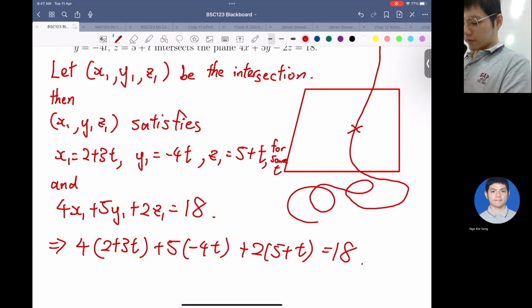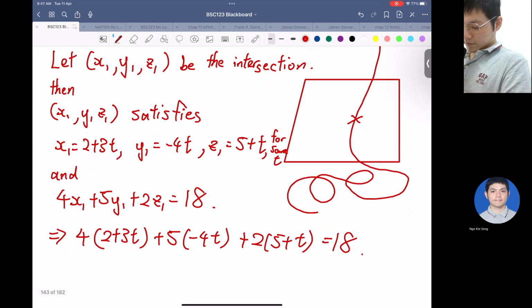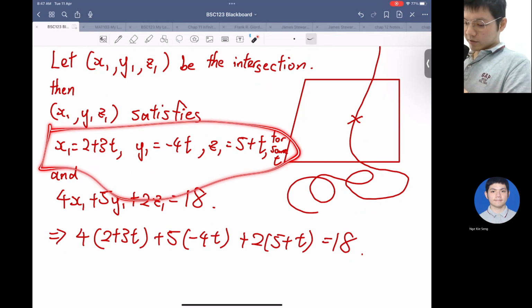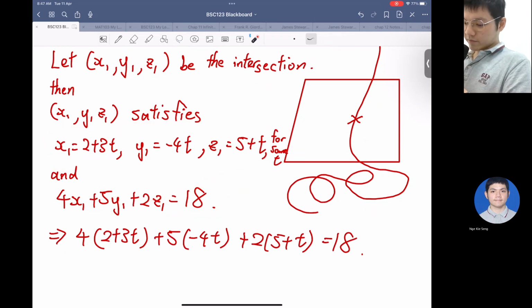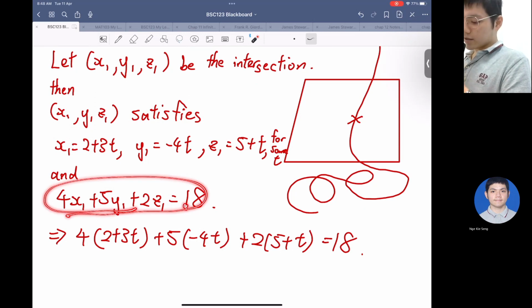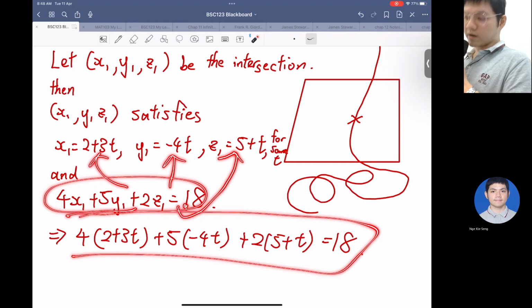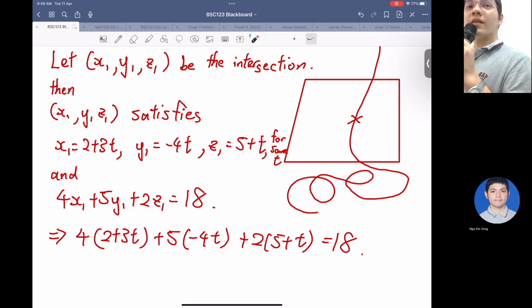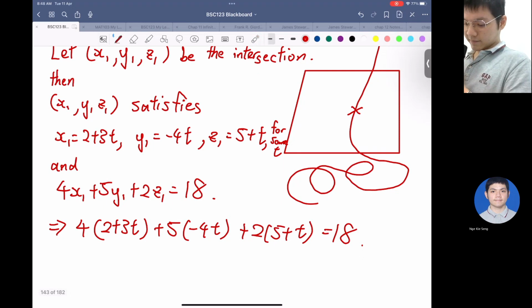Before, it was kind of miserable, because there were three variables and one equation. But if you combine these four equations together, you reduce to one variable, one t, so you can find the t here.